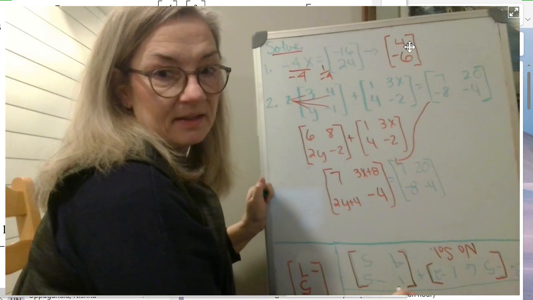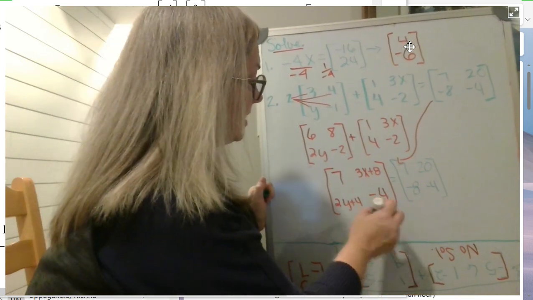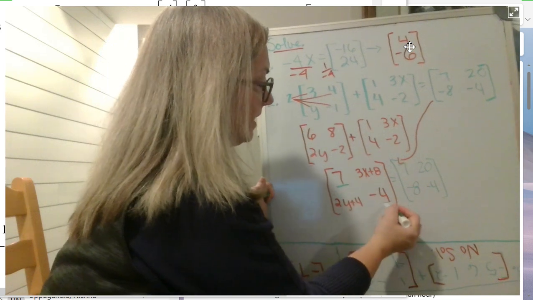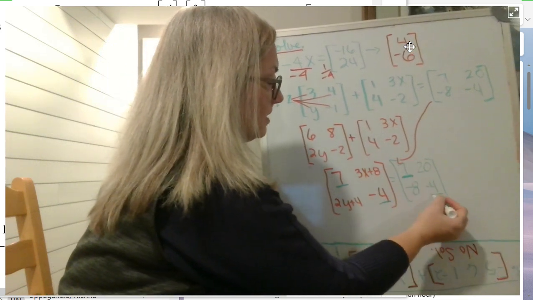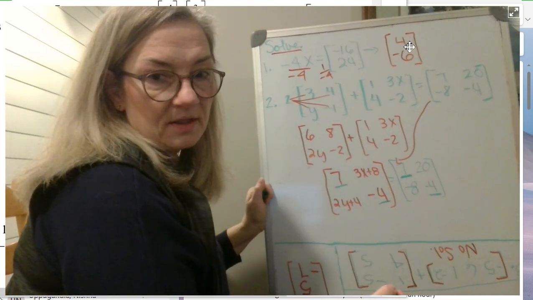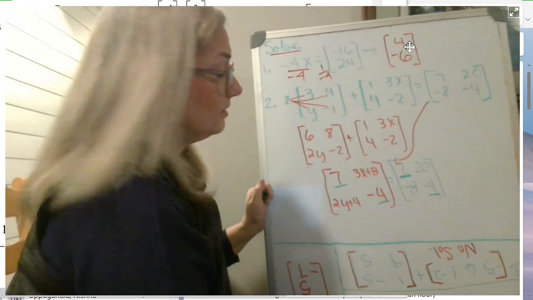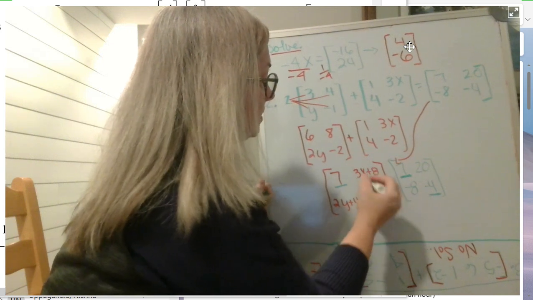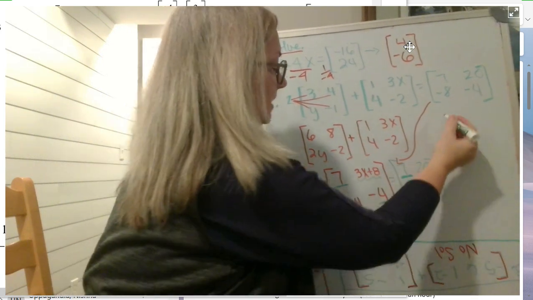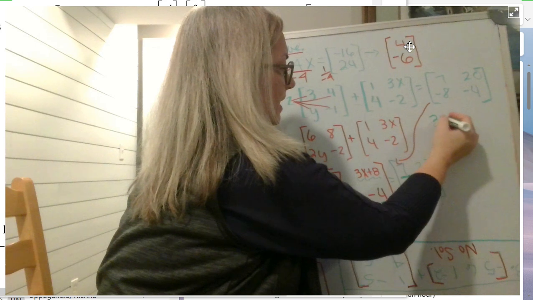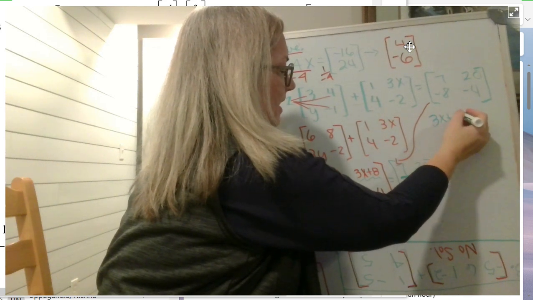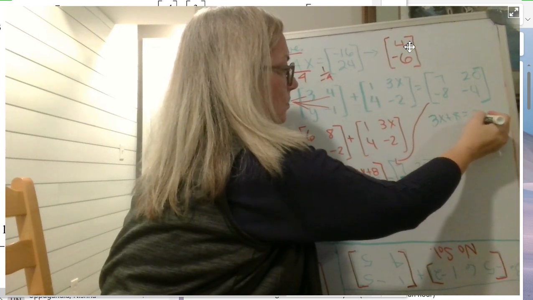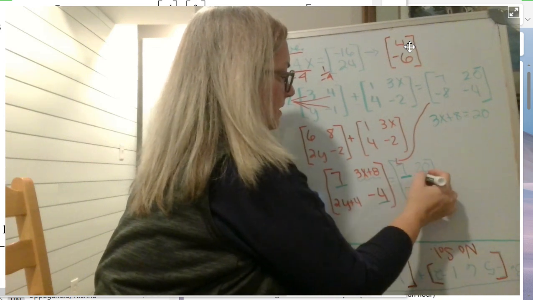Okay. I've repeated it. So now anything that's just a number is equal to just the number on the other side. That's the definition of equal matrices. So those are equal. Now what I'm going to do is set my x piece, 3x plus 8, equal to 20. You see this?